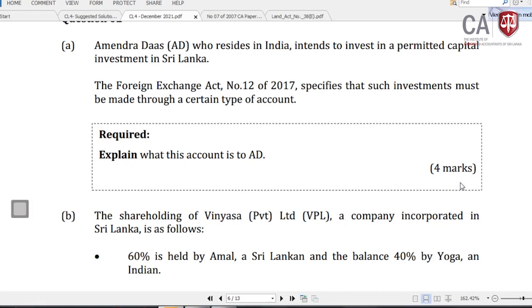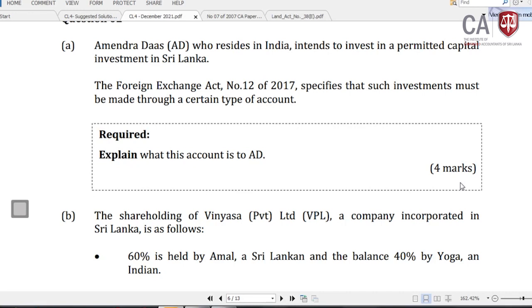They can channel their funds through this inward investment account, and they are permitted to invest in permitted investments in Sri Lanka.